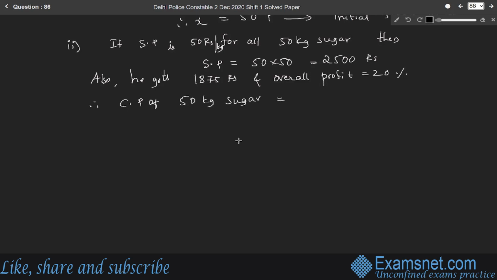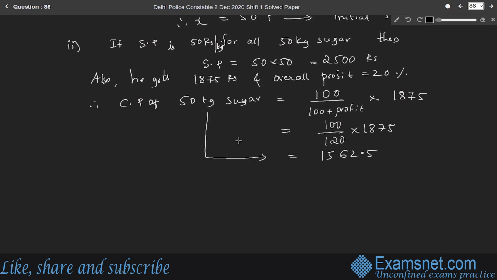So according to the formula, it is 100 by 100 plus profit percentage, into 1,875, which is equal to 100 by 120 into 1,875, right? Therefore, after simplification, we will get 1,562.5 cost price of 50 kg of sugar, right?